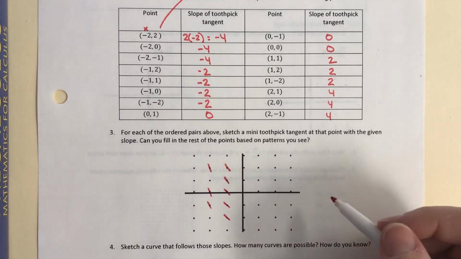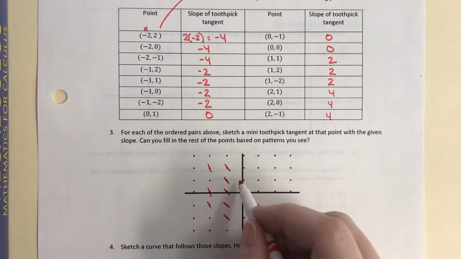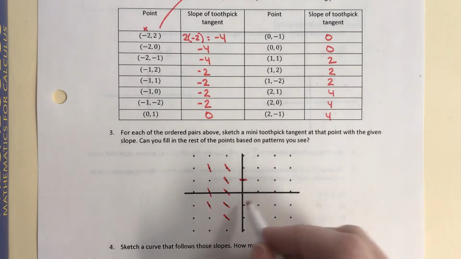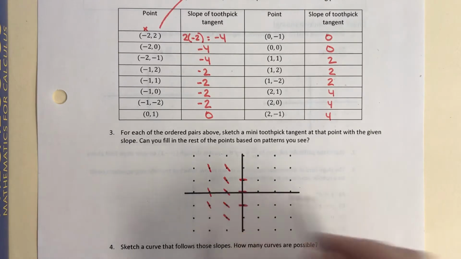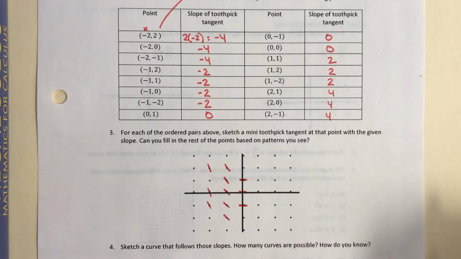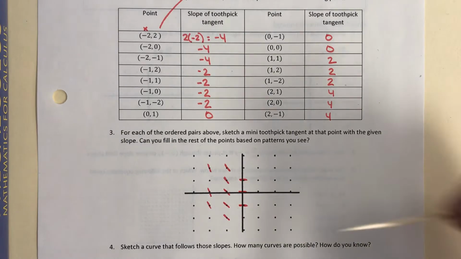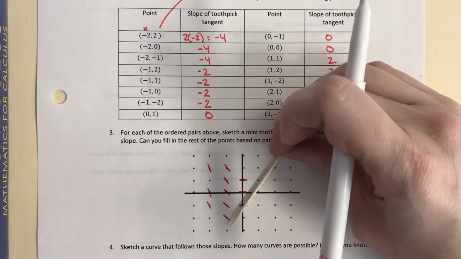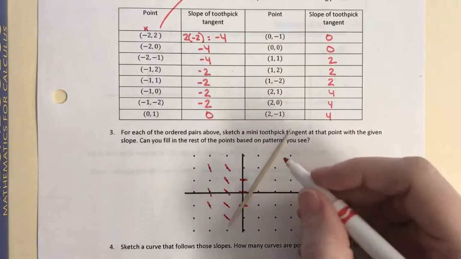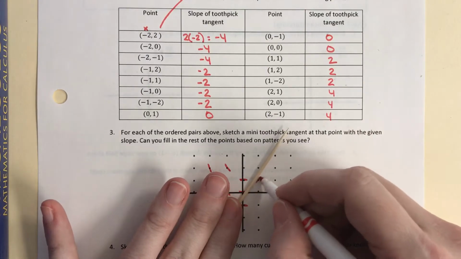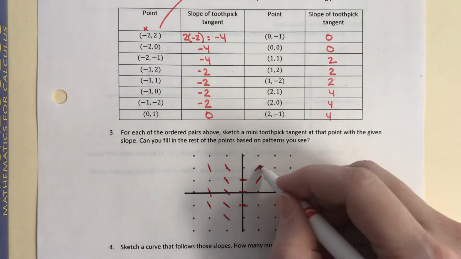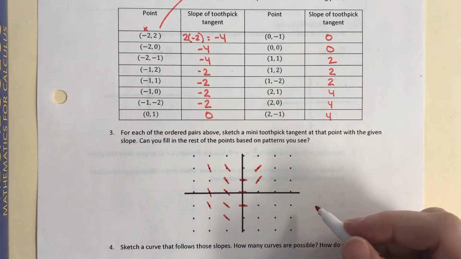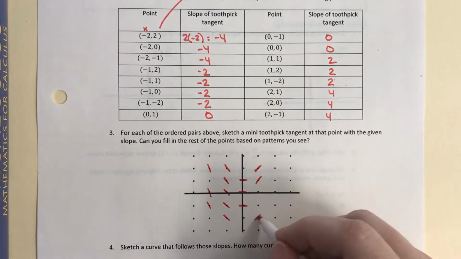Okay, the next couple of slopes are all 0. So 0, 1 has a slope of 0. 0, negative 1 has a slope of 0. And 0, 0 has a slope of 0. 1, 1 has a slope of 2. So if I line up my toothpick and find approximately the slope of 2. 1, 2 has the same slope. 1, negative 2 has the same slope.